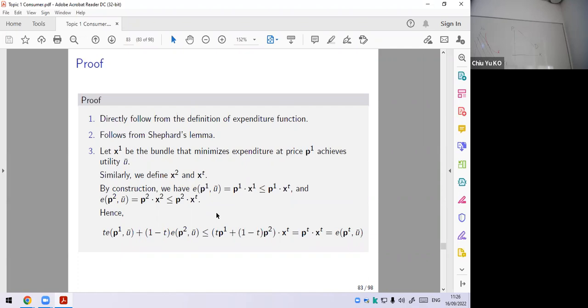Is that clear? Okay. So then this is just pt, and this is the same as ept. So that's why the linear combination of expenditure is less than the expenditure of linear prices.